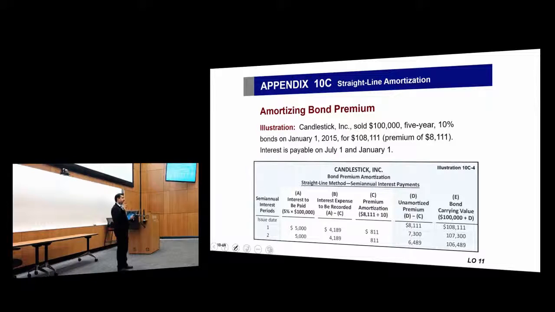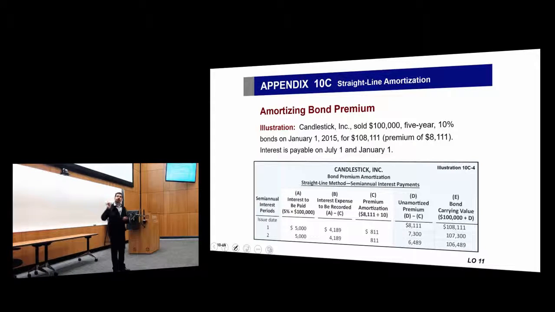It is the amount that will be paid minus the amortization of premium. Once again, we subtract the amortization of premium from the balance in the unamortized premium. That will give us a new unamortized premium, and this is the new unamortized premium that will be added to face value.